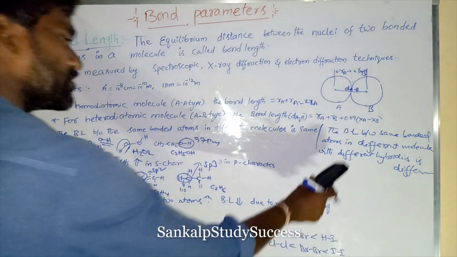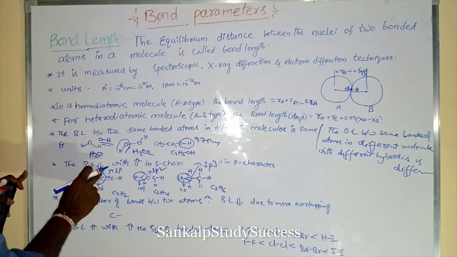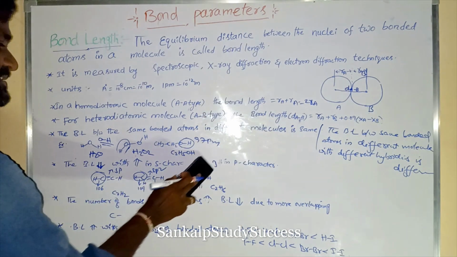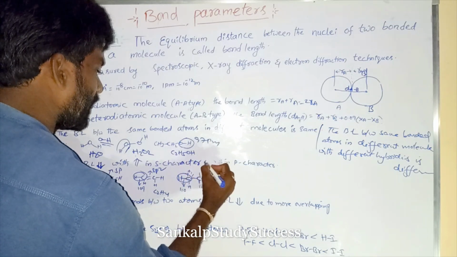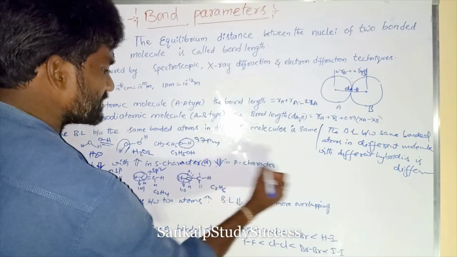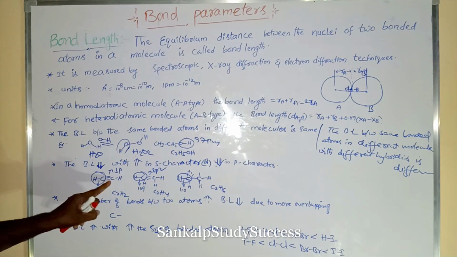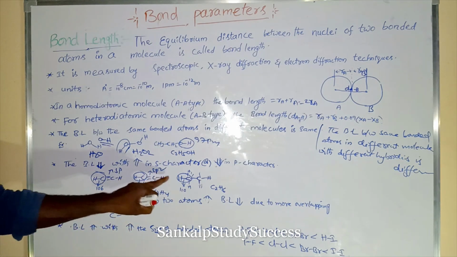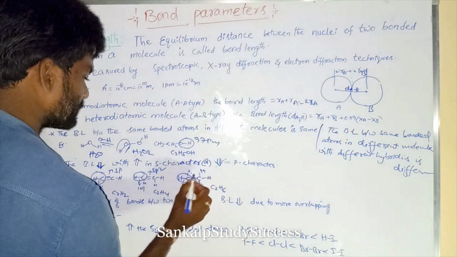Said another way, the bond length decreases with increase in S character, or decrease in P character. So this is acetylene, which undergoes sp hybridization. This is ethylene, which undergoes sp2 hybridization. This is ethane, which undergoes sp3 hybridization.